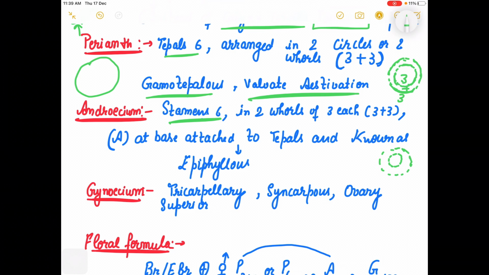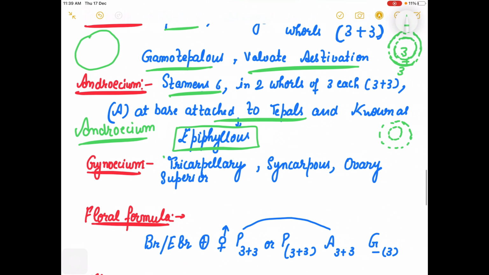And androecium, A is for androecium. Androecium is attached to the tepals, and this condition is known as epiphyllous or epitepalous. Now gynoecium is tricarpellary, meaning how many partitions will be observed there?